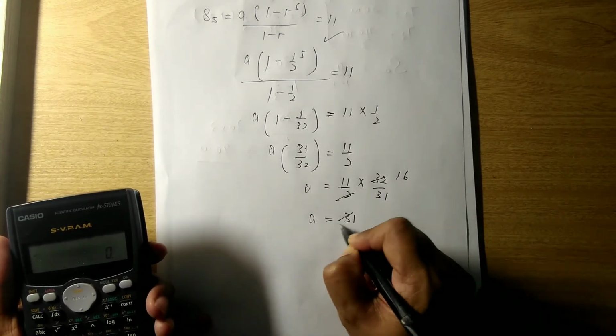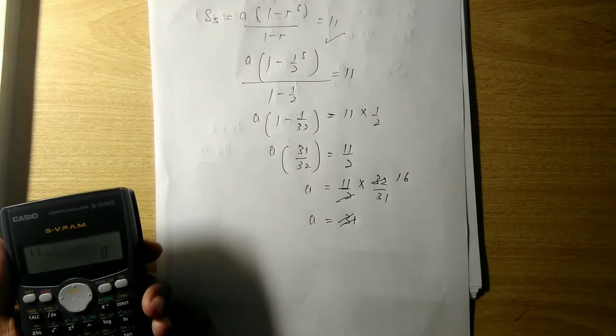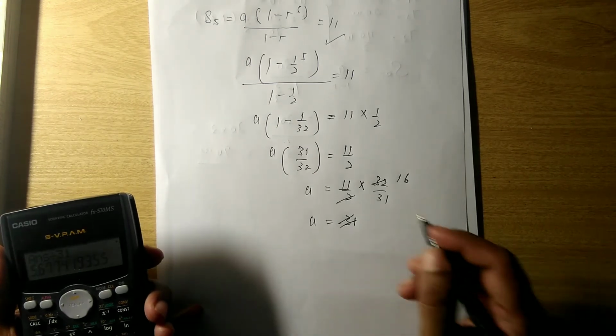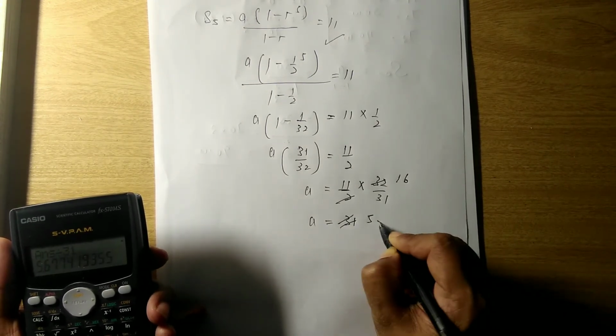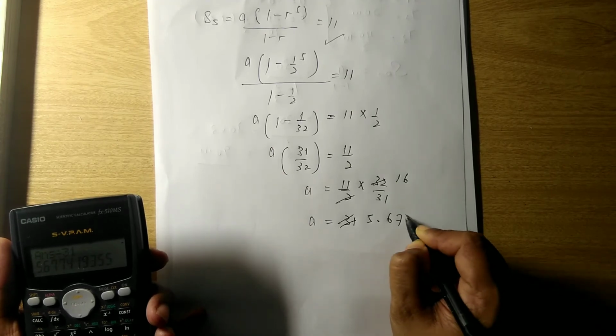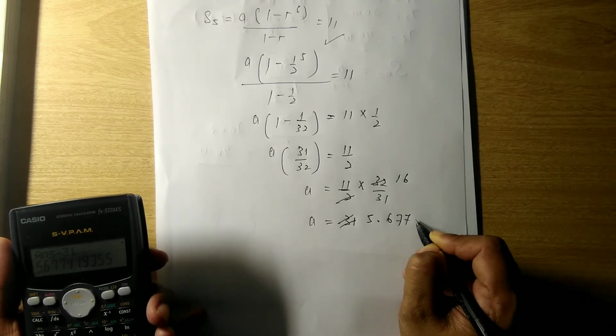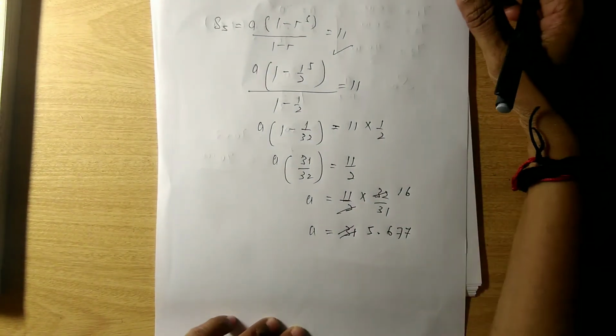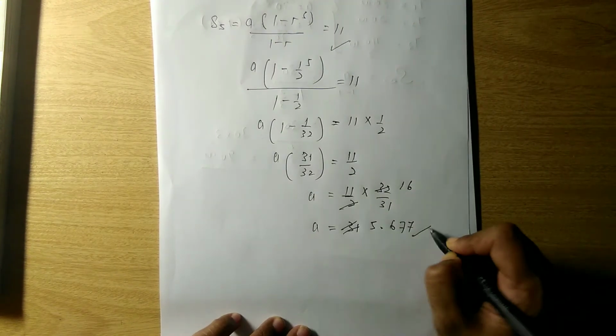Sorry, yeah, this is not 31. Okay, so we get about 5.677. Okay, so that's my first term.